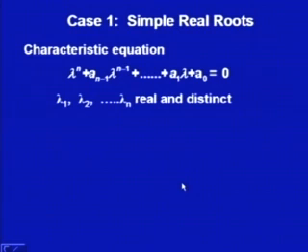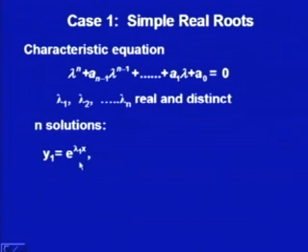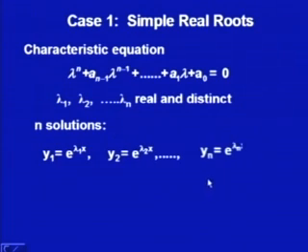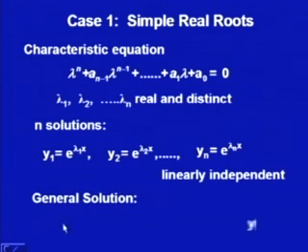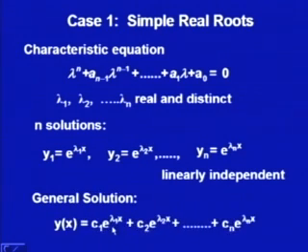Then n linearly independent solutions should be e to the power lambda 1 x, e to the power lambda 2 x and so on up to e to the power lambda n x. These solutions would be linearly independent. If they are linearly independent, then we will get the general solution as C 1 e to the power lambda 1 x plus C 2 e to the power lambda 2 x plus and so on plus C n e to the power lambda n x.